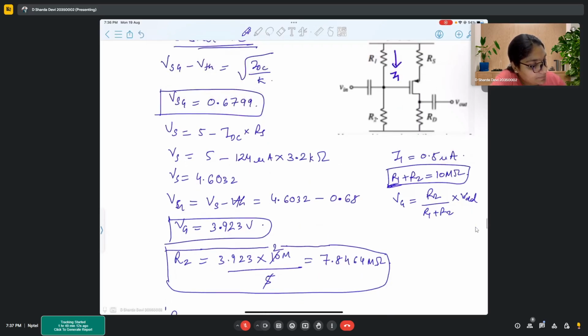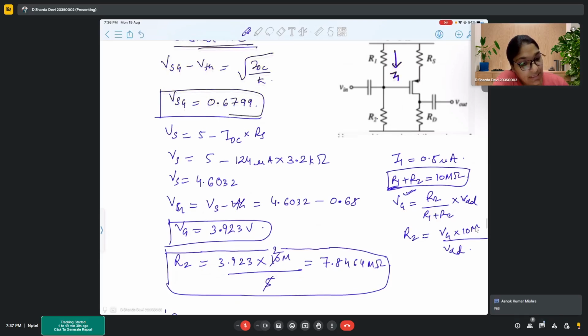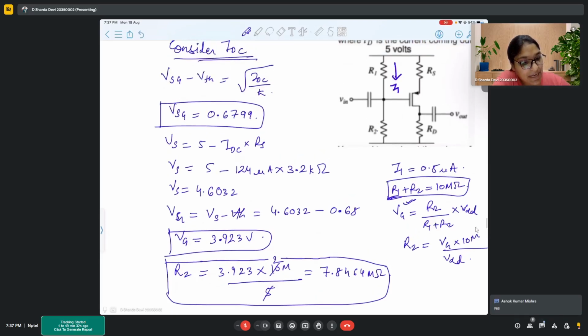So if Vg is known to me, then I can write R2 as Vg into 10 mega upon VDD, correct? Now we know that VSG minus VTH is root under IDC by K by the saturation equation.